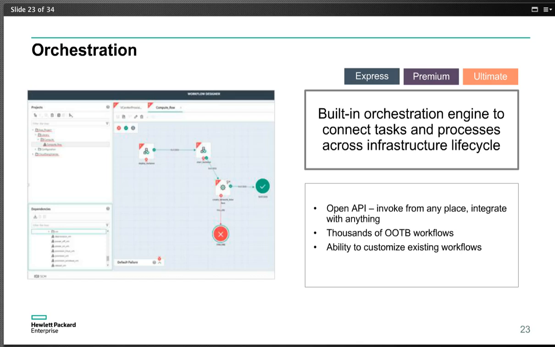I also wanted to mention the capability baked into the DCA solution now around orchestration. We do this by incorporating within the DCA solution our industry-leading orchestration solution.